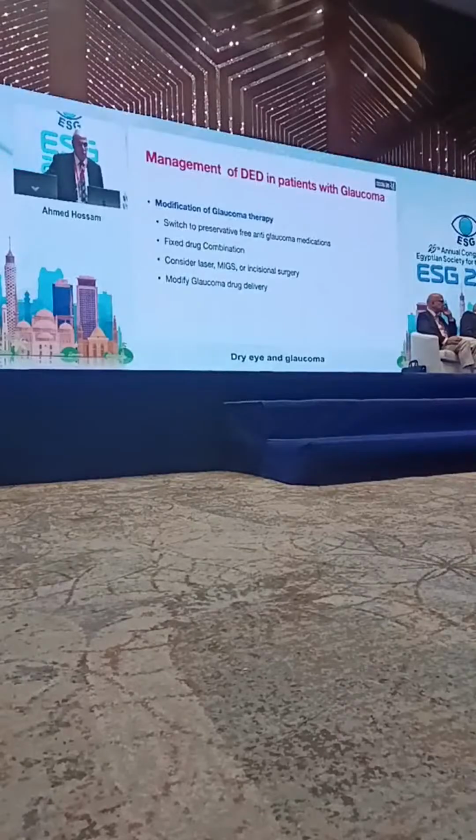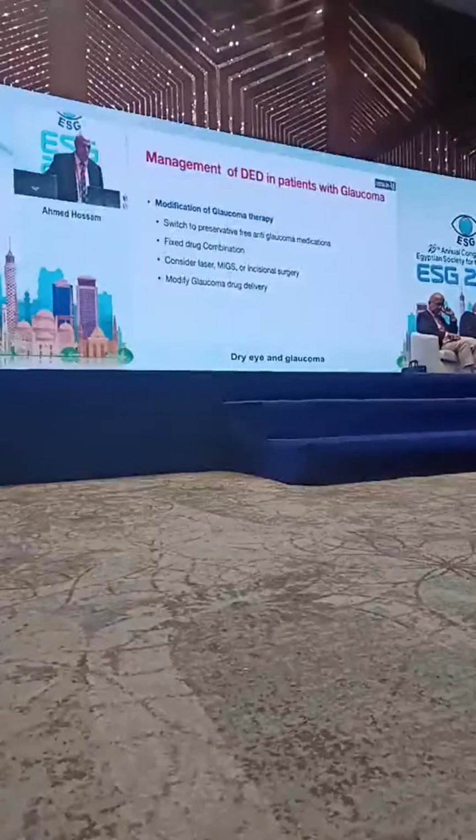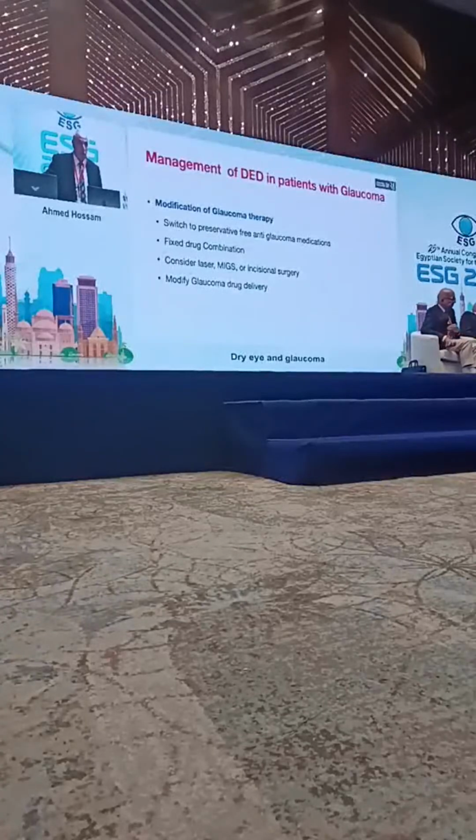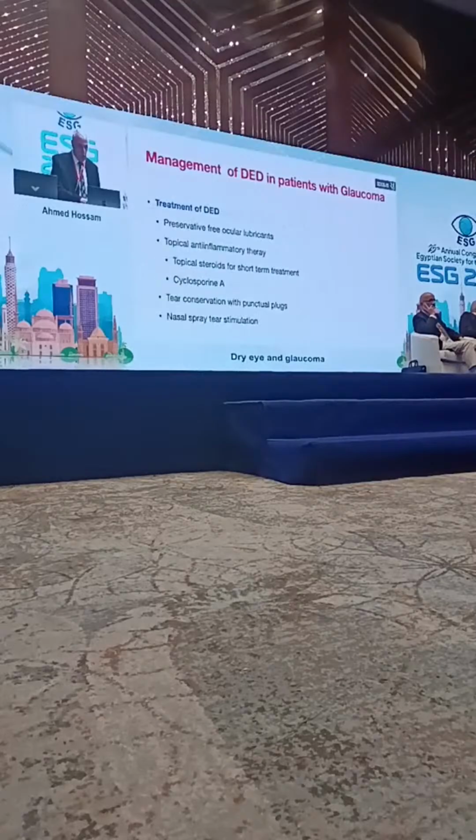Switch to preservative-free anti-glaucoma medications. Use fixed drug combination to diminish the number of drops used. Consider laser or incisional surgery, or use modified glaucoma drug delivery system as was discussed before.